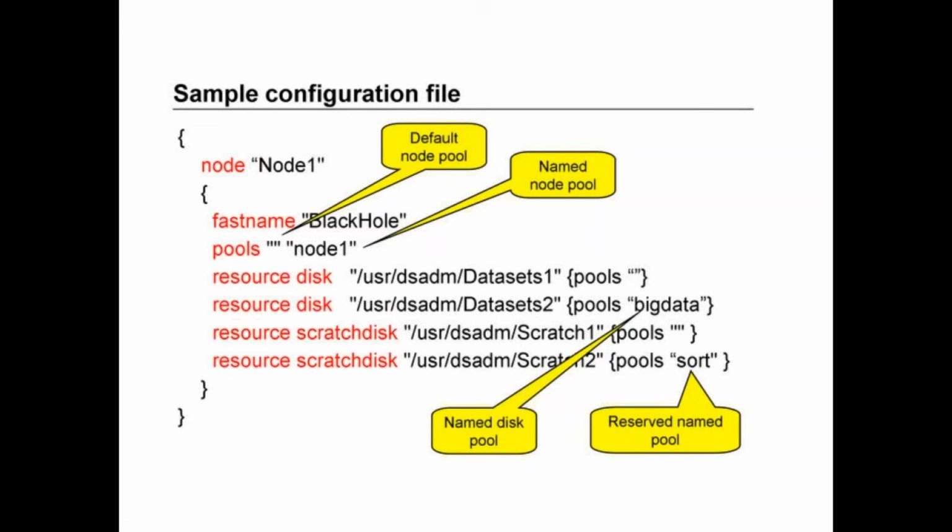It's a reserved pool. So basically, why we need to assign them to pools is that when we go to DataStage and we run the stage, any particular stage if we take, we have the option to constrain that in the stage editor properties. There are options to constrain that stage to run on a specific node pool.